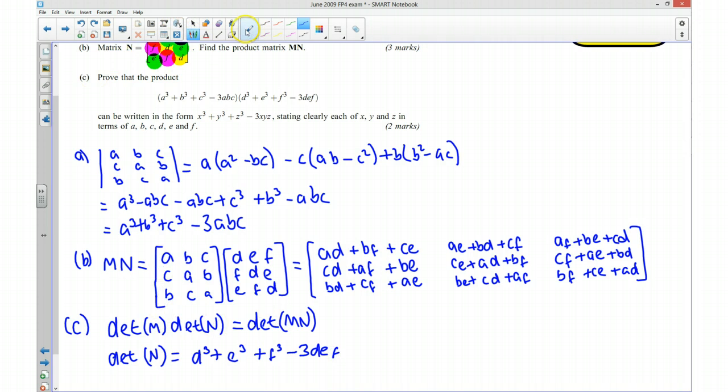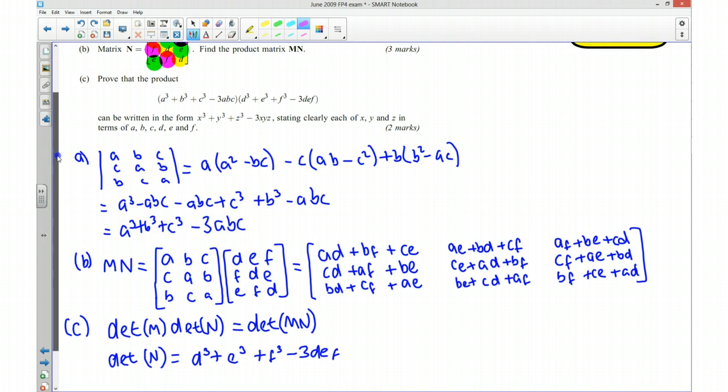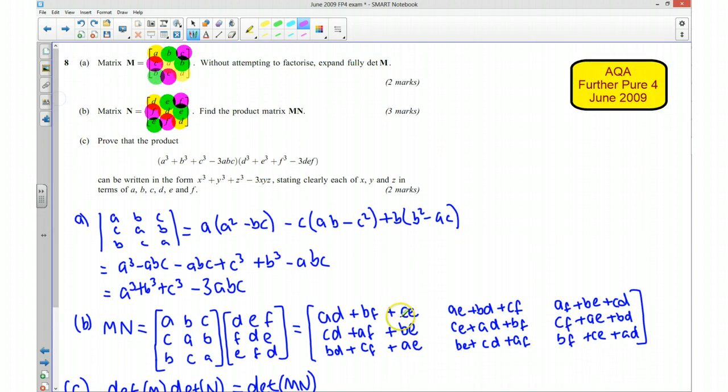Okay, and also interestingly, if we have a look at this over here, and I'll take my yellow pen, I've got AD plus BF plus CE over here, and over here, and over here, and those are also going to follow that same pattern.